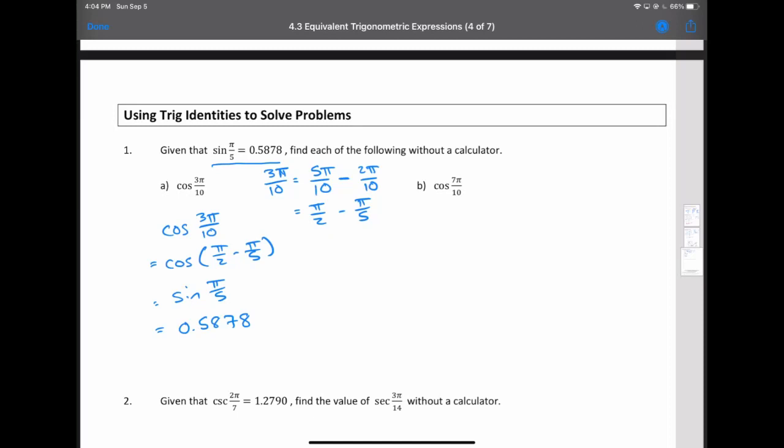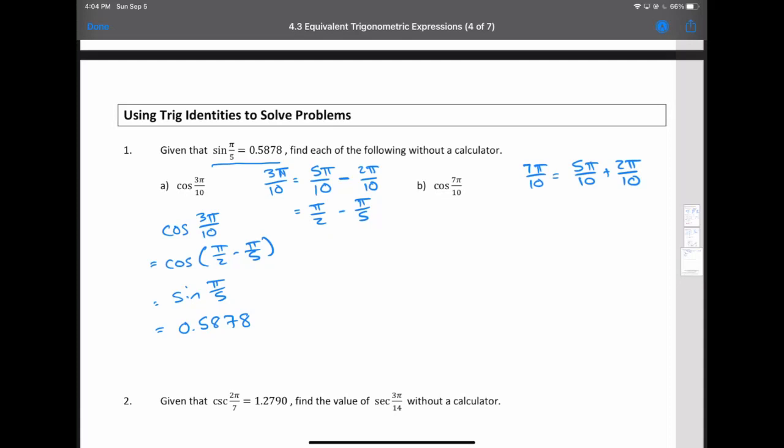For cos 7 pi over 10, for part B, let's try a similar trick. I'm going to note that 7 pi over 10 is equal to 5 pi over 10 plus 2 pi over 10. And again, after you've seen a couple of these, I think you'll start to catch on to the patterns. Basically, we want to deal with a pi over 2 plus or minus something. Because this is bigger than pi over 2, it's going to be a plus.